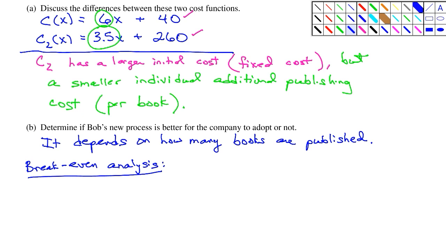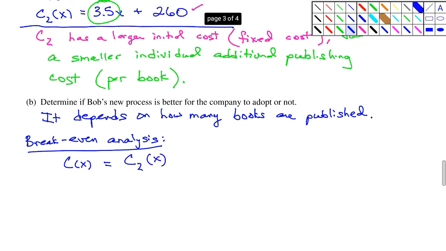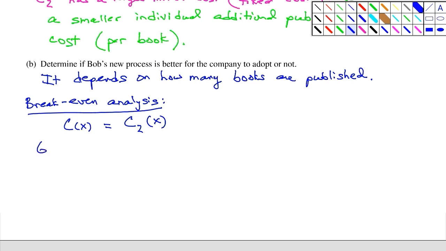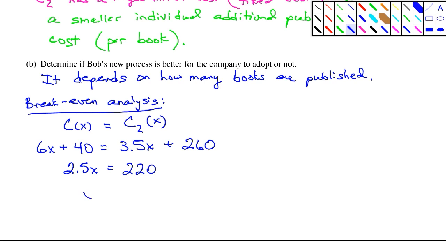So where does it break, in other words? The way we do that is we just set them equal to each other and solve for x. So we get 6x plus 40 is equal to 3.5x plus 260. Solve for x, we get 2.5x is equal to 220, and x is equal to 88 books. So there's where it breaks.